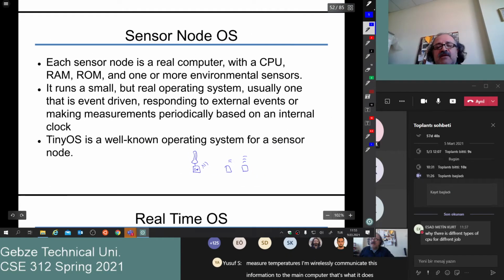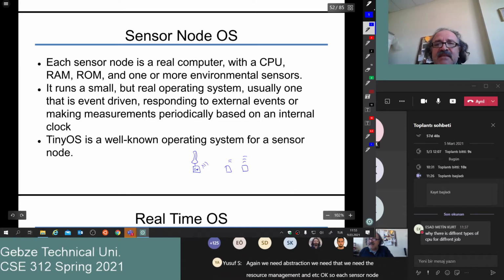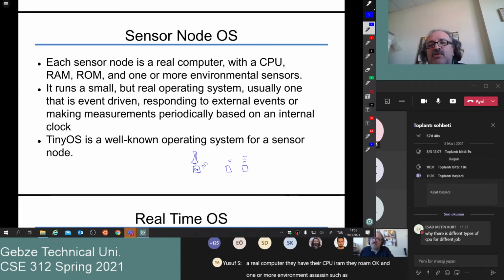Since it's a computer, we need an operating system for that one. Again, we need abstraction, resource management, and so on. Each sensor node in this case is a real computer. They have their CPU, their RAM, their ROM, and one or more environmental sensors such as temperature or humidity. But it runs a small real operating system. It is event driven.